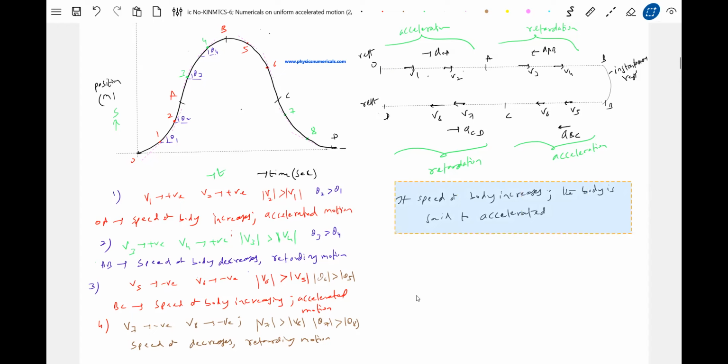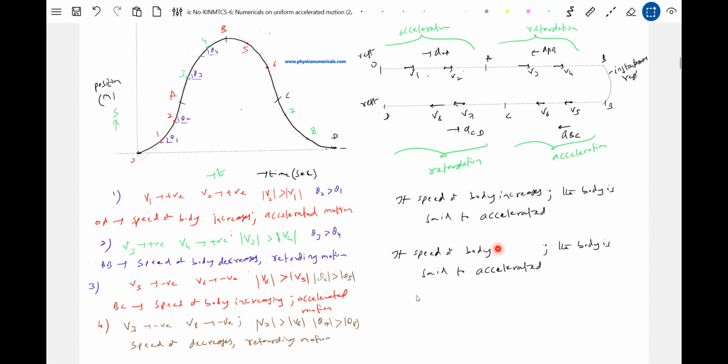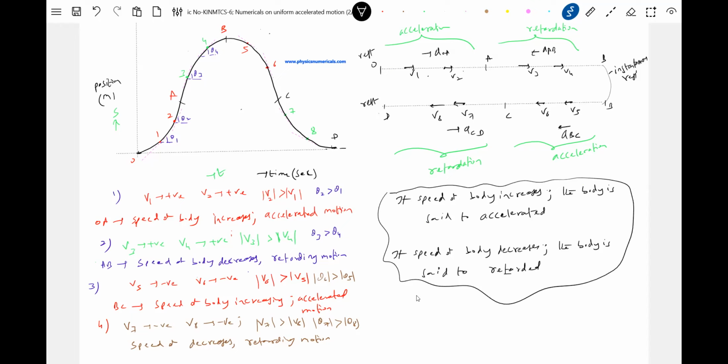If the speed of the body decreases, the body is said to be decelerated or retarded, and we can use either term. This is very, very important. Speed of body increases, acceleration. Speed of body decreases, retardation. That's all.